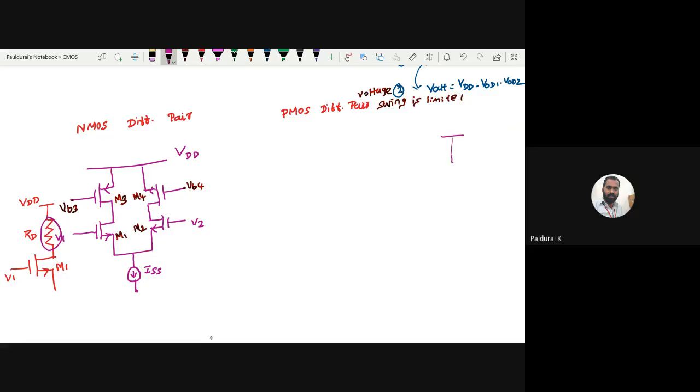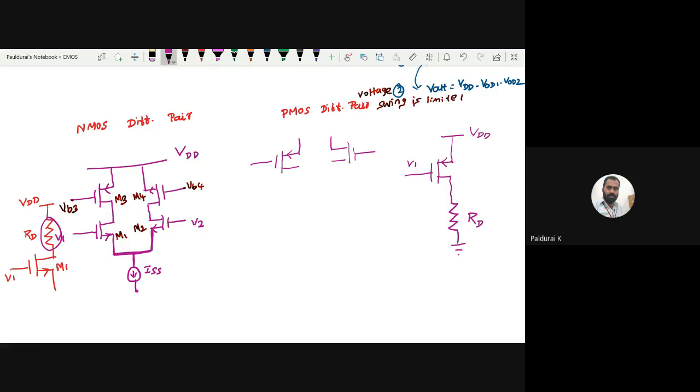For the PMOS, first you sketch one input transistor where the input transistor is PMOS, right? So here you connect this RD. It must be connected to ground. This is VDD. This is V1. Now, the input pair is PMOS. For the NMOS, the tail current source must be connected at the source.